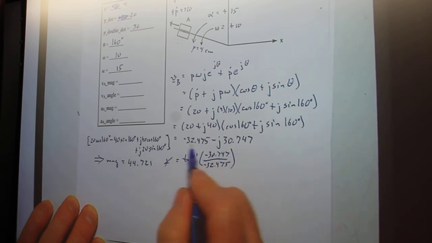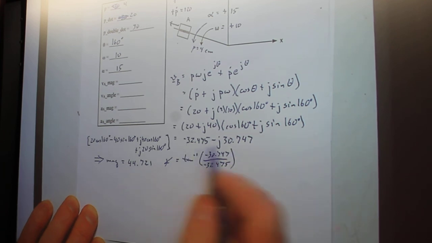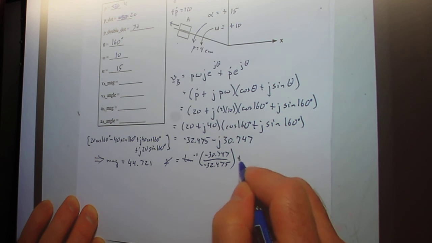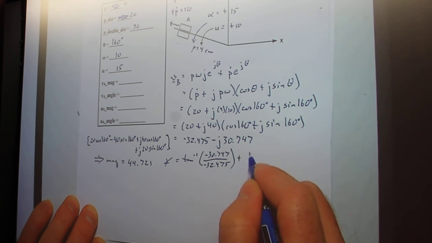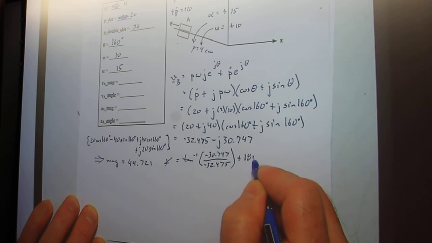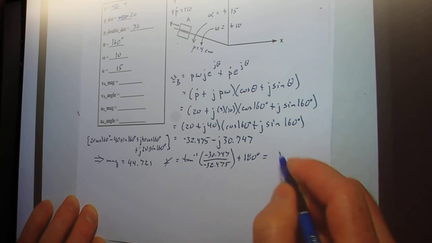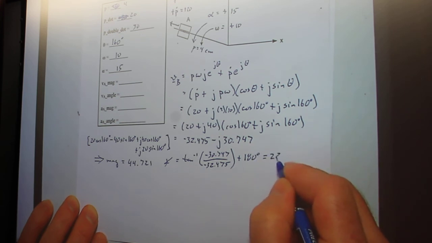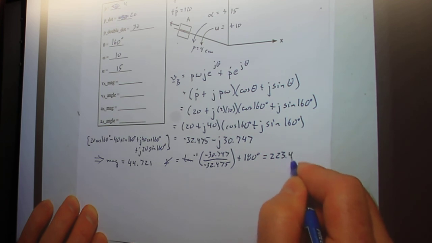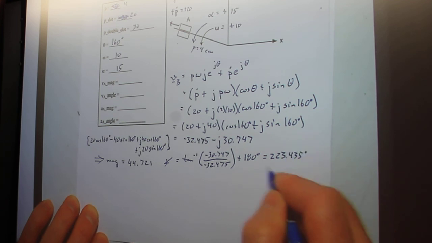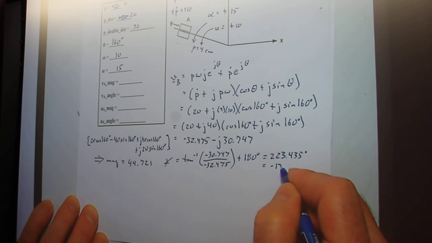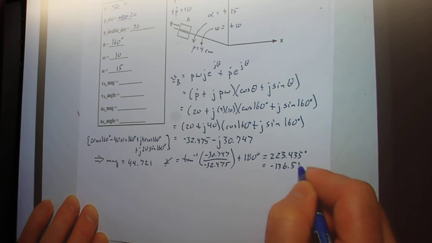I see that this value is negative, so I go plus 180 degrees, and I get 223.435 degrees, which is the same thing as minus 136.565.